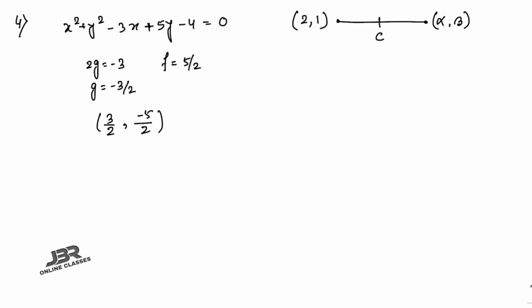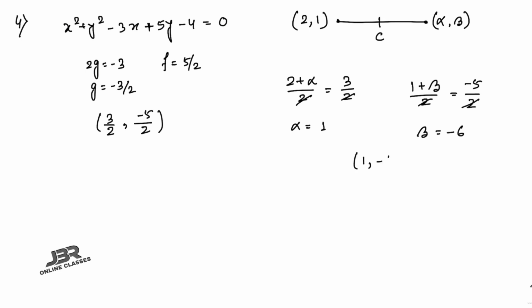I repeat, the center is the midpoint of the diameter. So (2 plus alpha) by 2 equals 3 by 2, and (1 plus beta) by 2 equals minus 5 by 2. So alpha equals 1 and beta equals minus 6. So the other end is (1, minus 6), that is your answer.